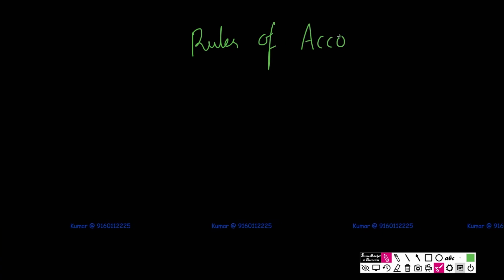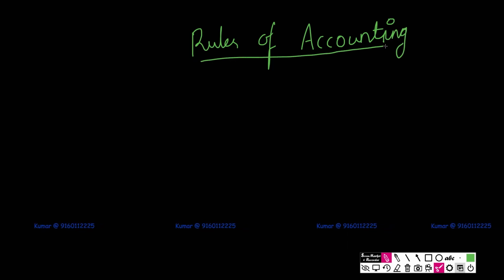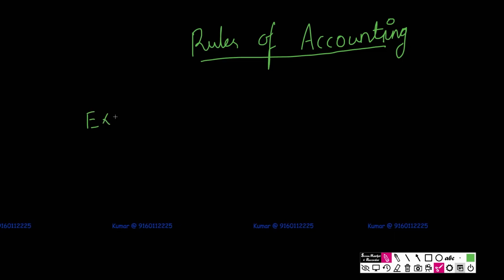So, rules of accounting. In order to do the accounting, we have one rule for a few account groups: expenses and assets.